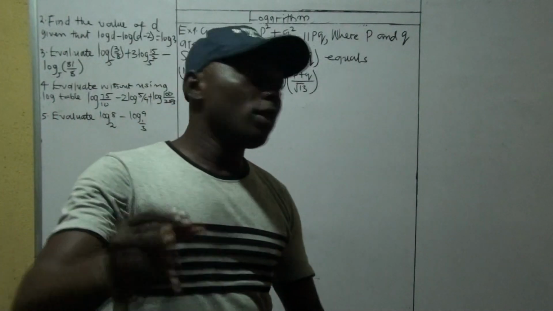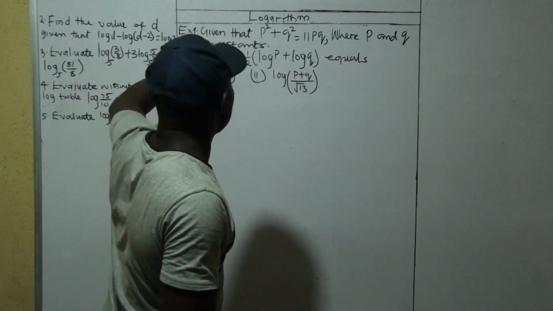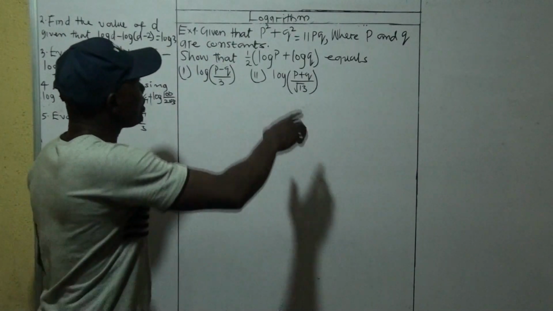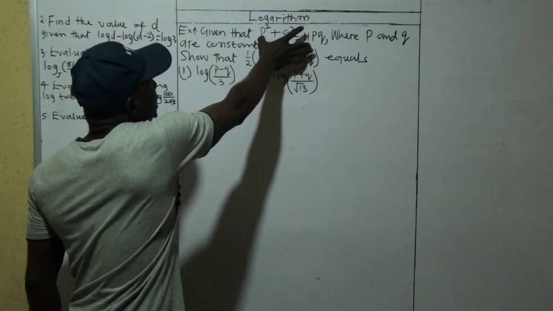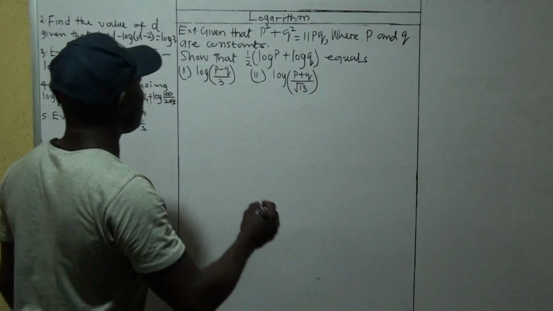So we should show that we are going to use this one to show they are equal to this. So that is the question here, is for us to use this and this to show that they are equal to this. So first thing we do here is to write them out.